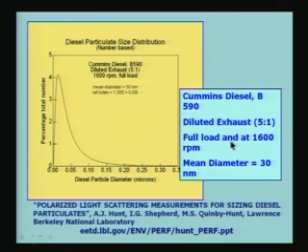It was operated at full load and 1600 rpm, that is the speed of the engine, and the mean diameter of the particles, as you can see, is 30 nanometers. So, the particle diameters are very small.